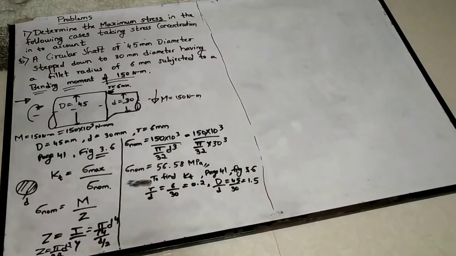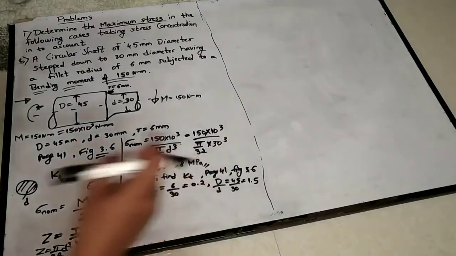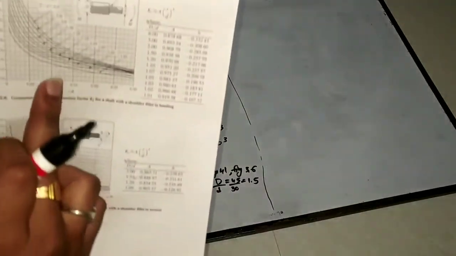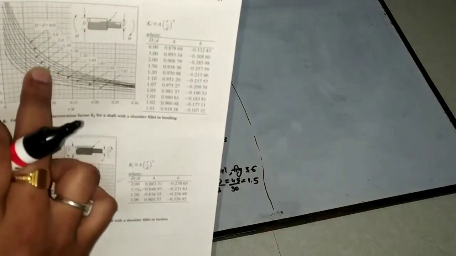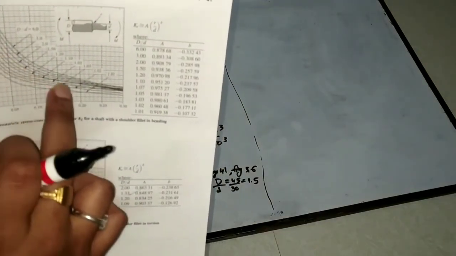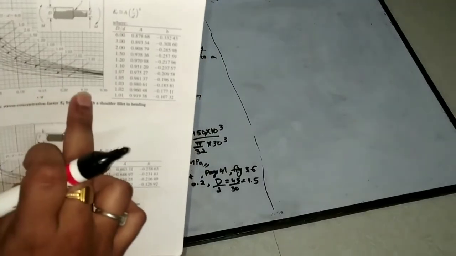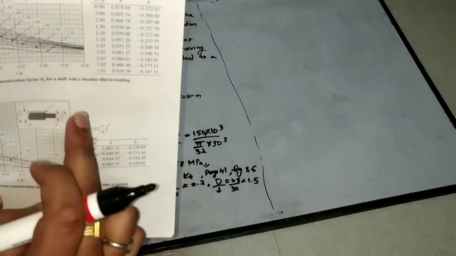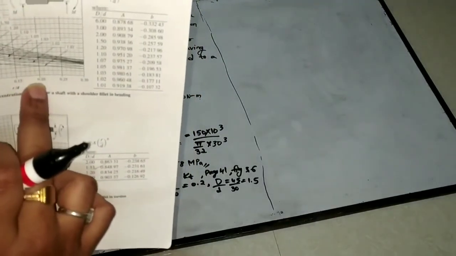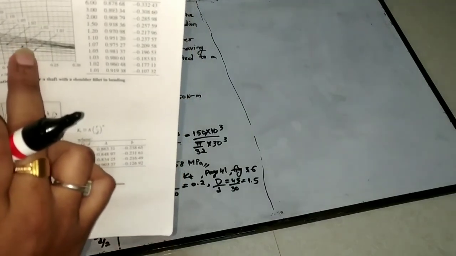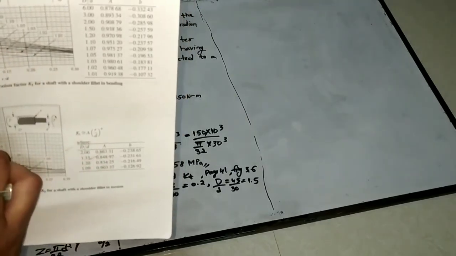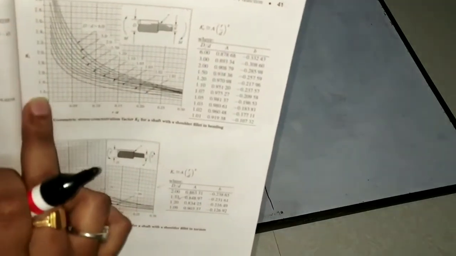Now you have the 1.5 line in the data handbook approximately. So this is your 1.5 line, and along the horizontal axis you have the small r by d ratio 0.2. So wherever that line coincides with this curve, the corresponding value on the y-axis is your Kt value. So you can easily identify it in the data handbook.